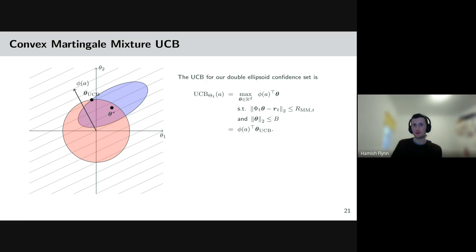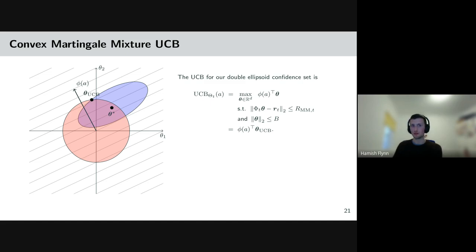Okay, so the upper confidence bound corresponding to our double ellipsoid confidence set is the solution of this convex program. And we can visualize this problem in the plot on the left. The arrow represents the feature vector phi of A, and we just want to go as far along this direction as possible while remaining in the purple intersection.